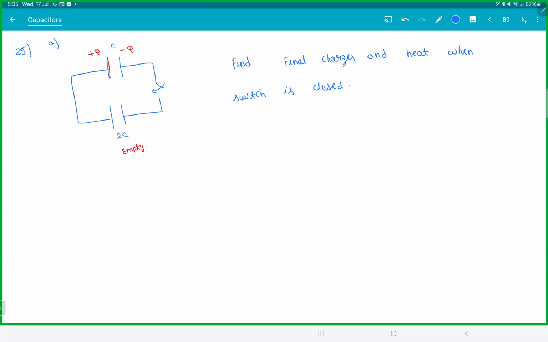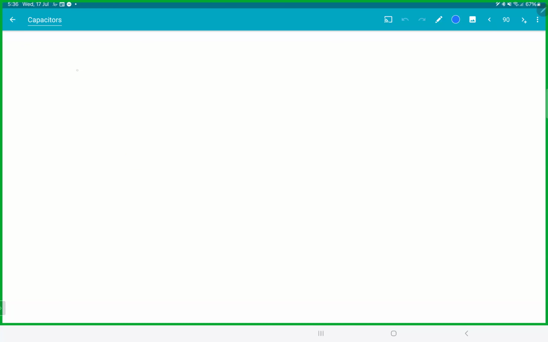How do we do this? Listen, let me show you one. So whenever you have a capacitor like this, what we do, it doesn't matter, assume charge Q flowing from one capacitor, just like a battery.